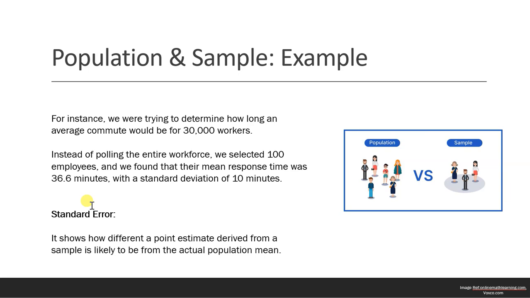But just remember that it will tell you how much the sample mean would vary if we were to repeat the study using a new sample from the single population. So basically standard error will help us get the population mean, which is likely to be the sample mean, and what the error is between them.